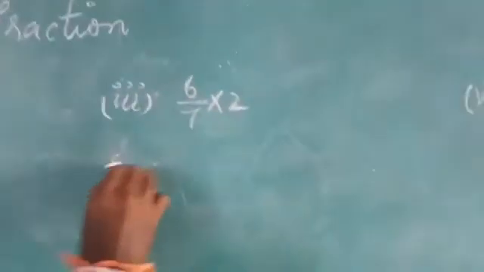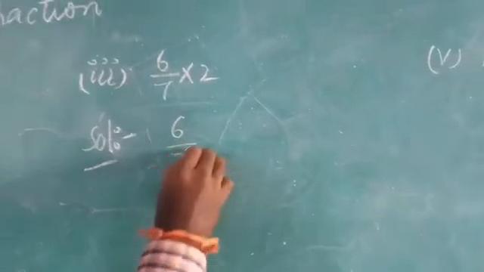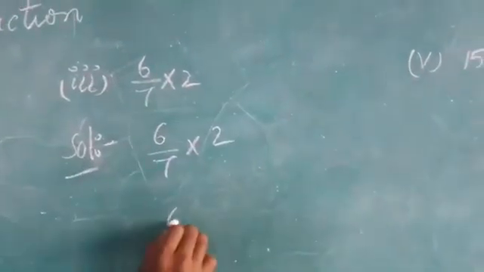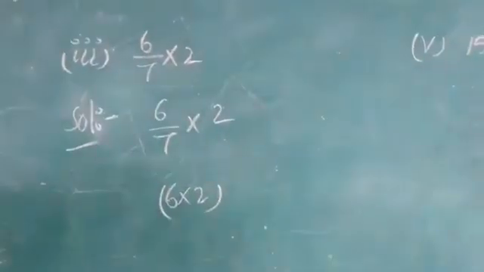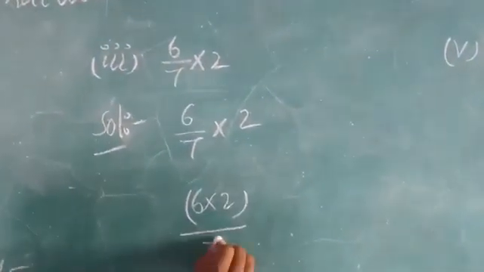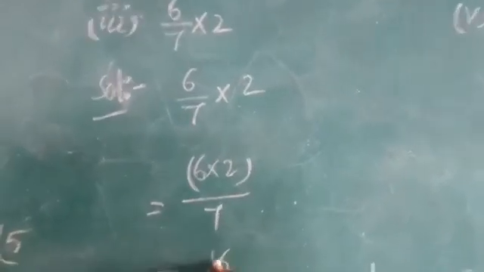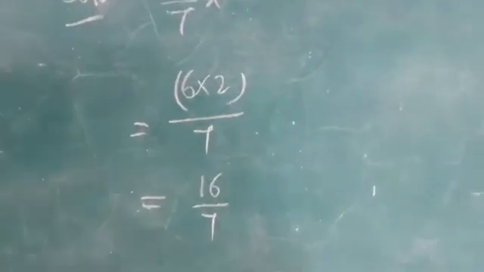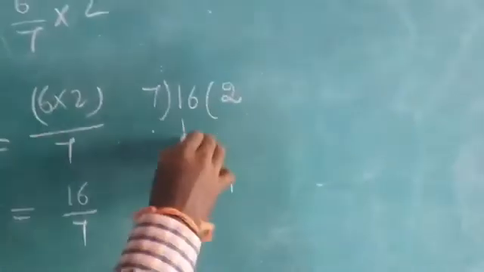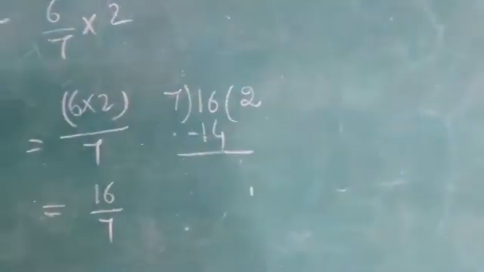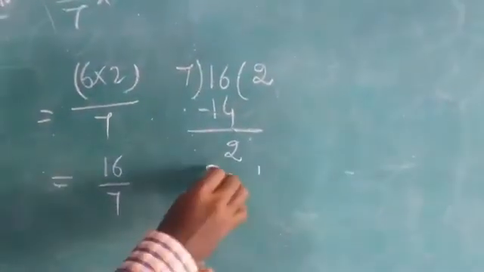Then what about the third one now? What is it? 6/7 into 2. I told you, 6 into 2. This 2 you need to multiply with the numerator, and the denominator stays the same. 6 2s are 12/7, and do the division. 7 1s are 7, so 12 minus 7 is 5.